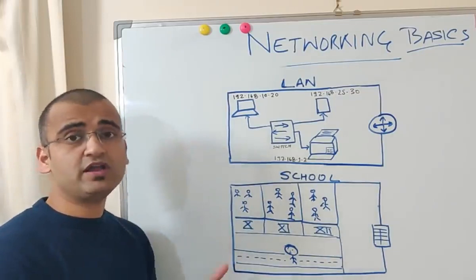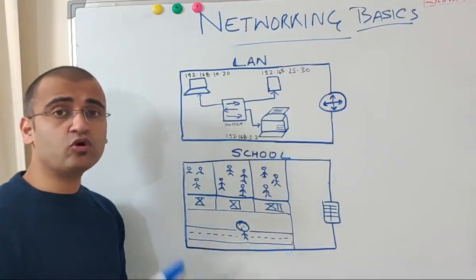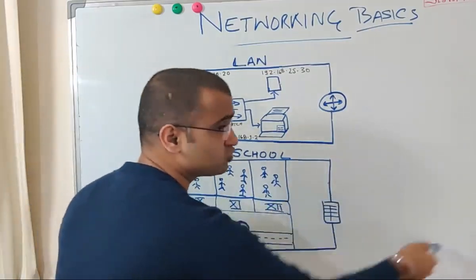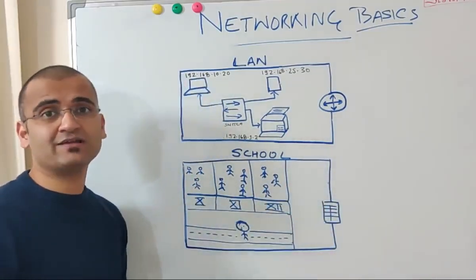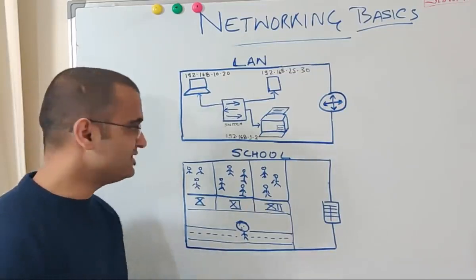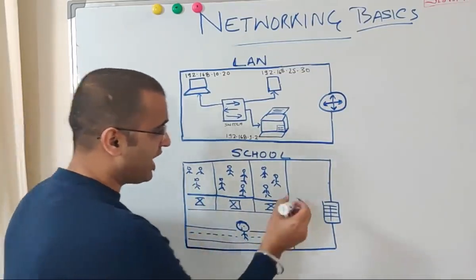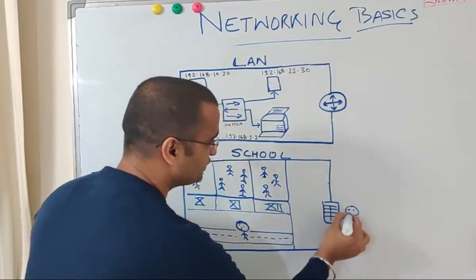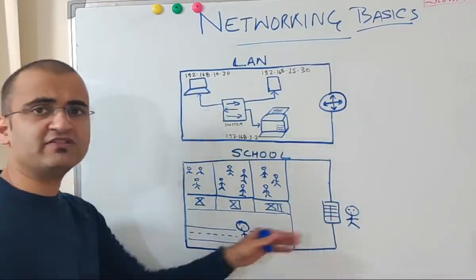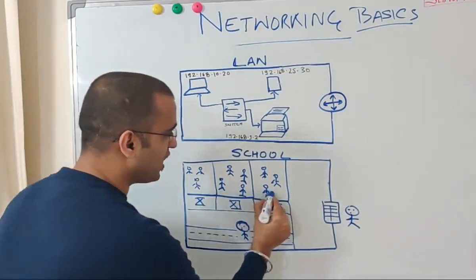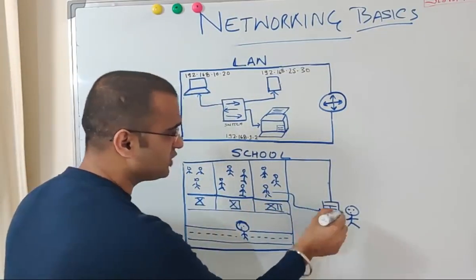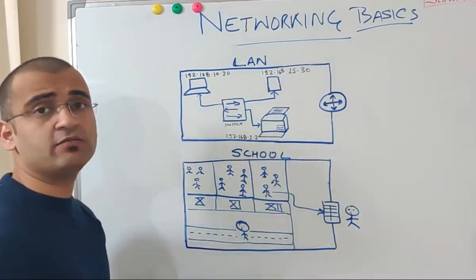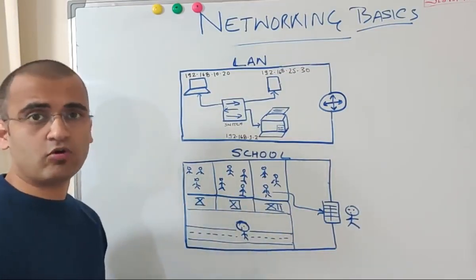But what if a student of this school wants to go and meet a student of a school next to this school, but that school is outside the boundaries of this school? In that case, this student has to go and meet the main security guard at the main security gate, and he has to ask permission of this security guard, and only then he can go and meet someone outside the school boundaries.